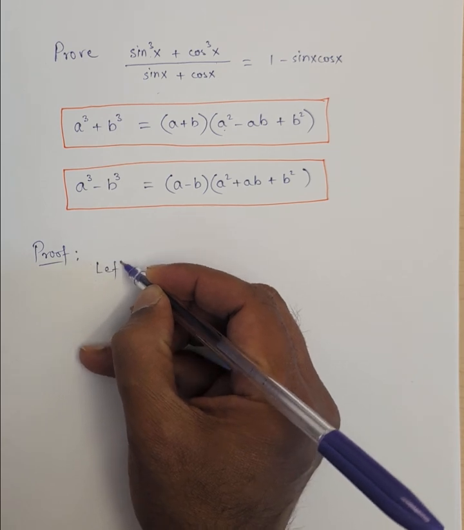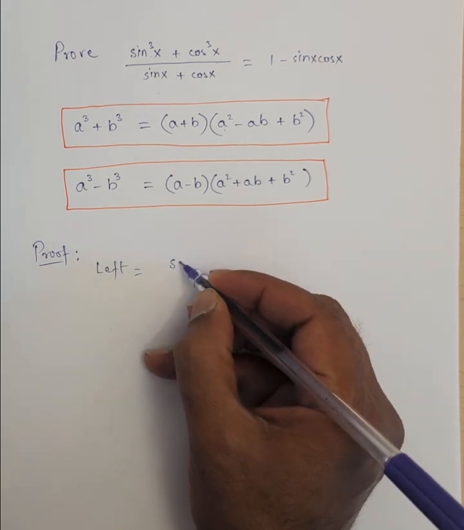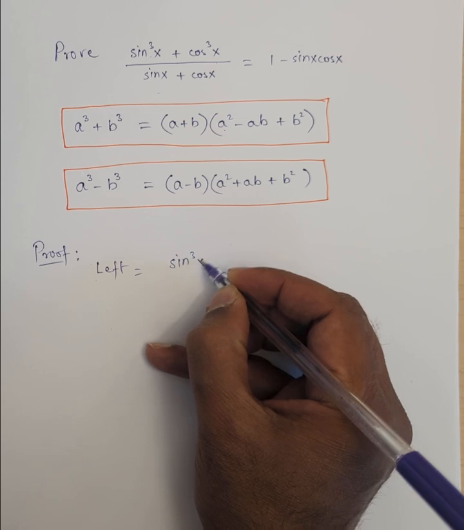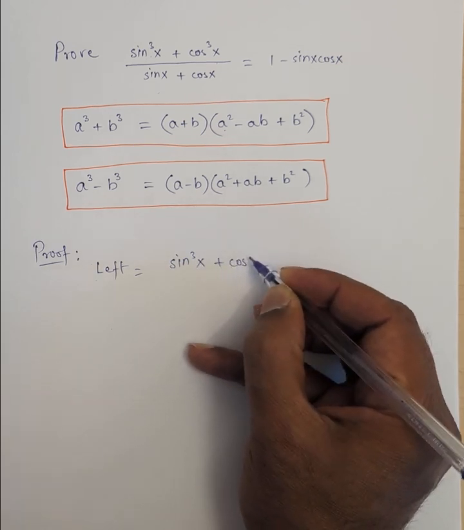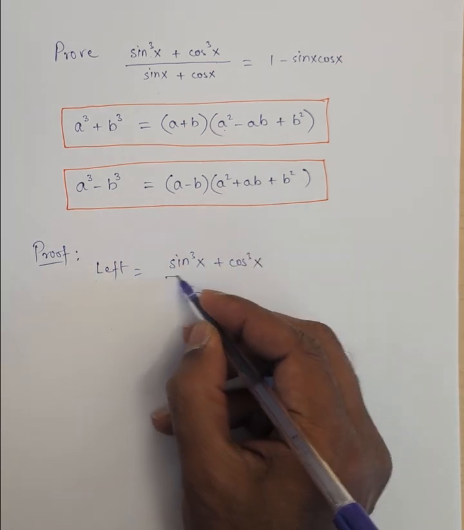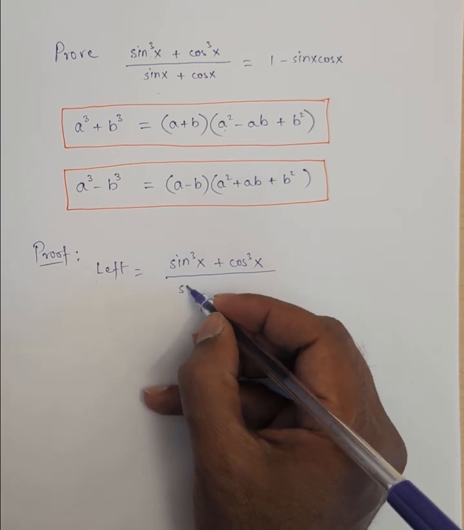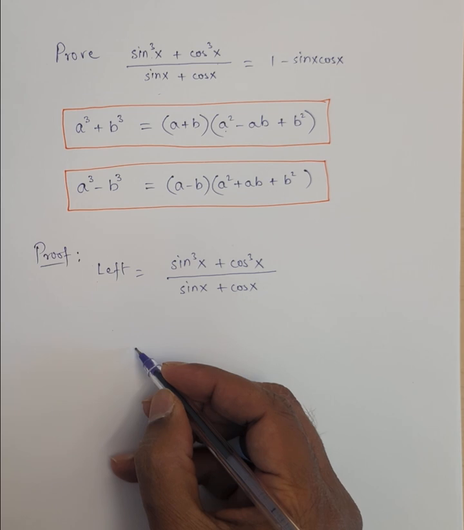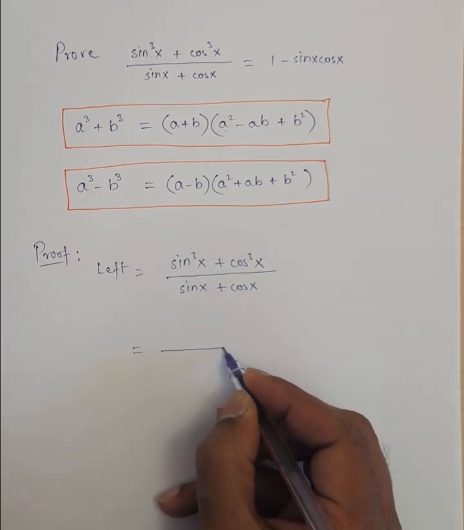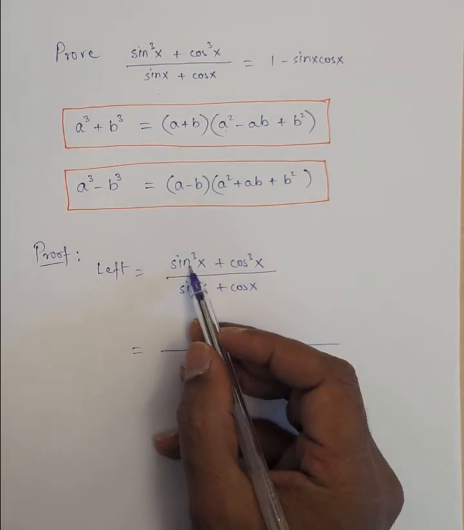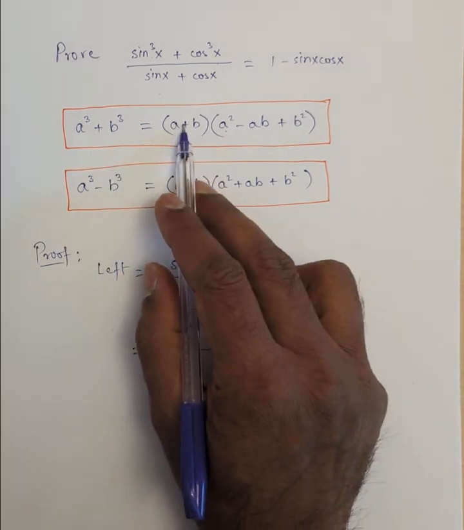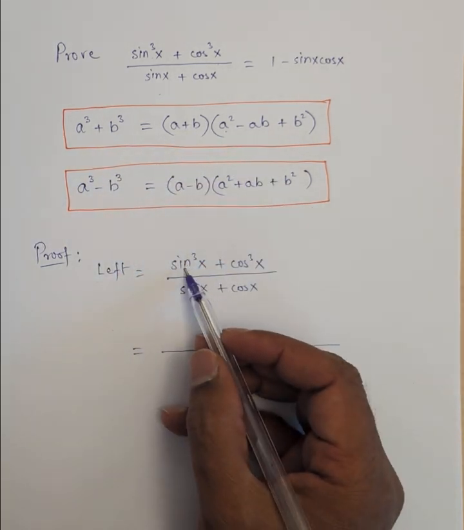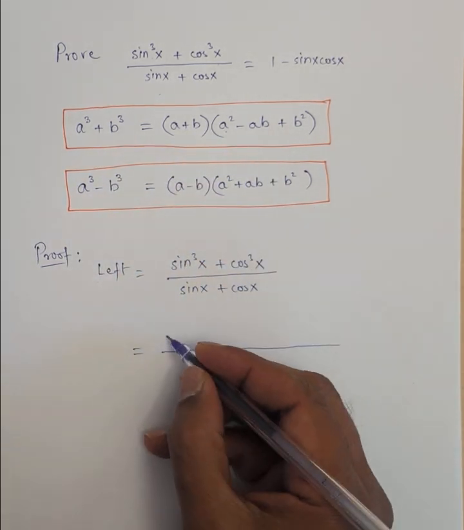What's the left side? The left side is a fraction where the numerator is sine cube x plus cos cube x, and the denominator is sine x plus cos x. Now we can rewrite this. The numerator is a sum of cubes, so I can use this formula. So a is going to be sine x and b is going to be cos x.